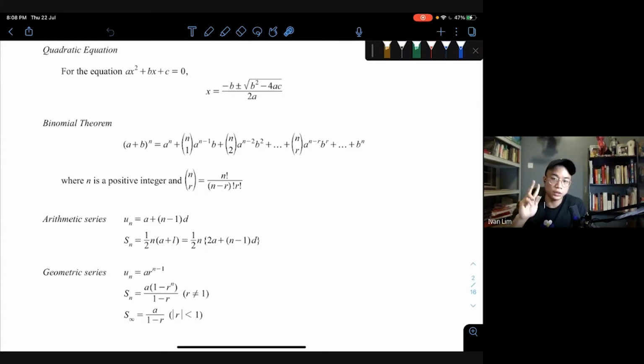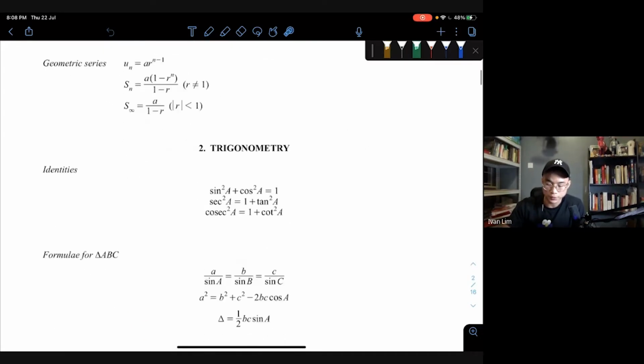Okay, so there's only term and sum for arithmetic series. For geometric series, we use a r to the power of n minus 1, sum a bracket 1 minus r to the power of n over 1 minus r, and then there's sum to infinity a over 1 minus r.